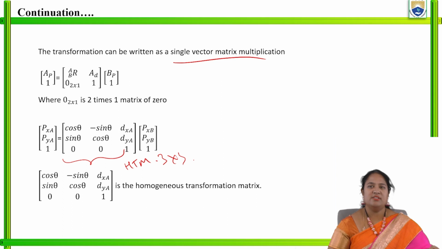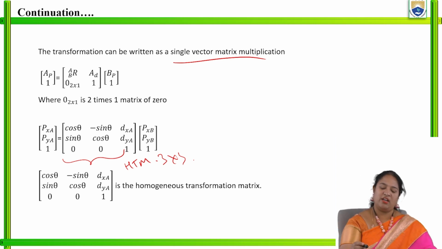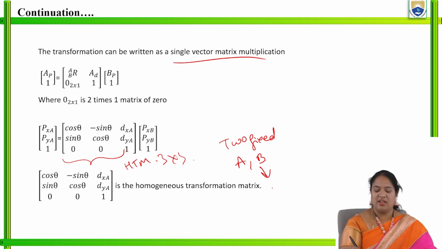Is it clear? So this is about the homogeneous transformation matrix. Generally, the homogeneous transformation matrix is used to determine the orientation and position, and is written as a 3 by 3 matrix, where we take two fixed coordinates A and B, a vector P and the displacement direction AD.